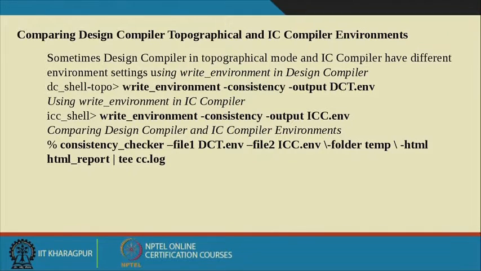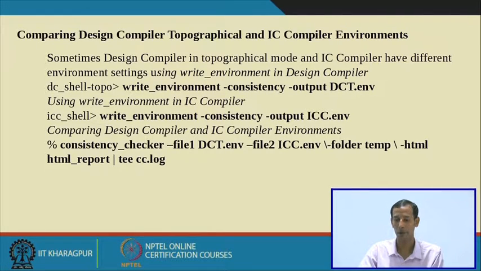So how can you compare those two in the initial phase? In the topographical mode you have to write the command write_environment -consistency with the output name dct.env. And in IC compiler mode, write_environment -consistency -output with the name icc.env.